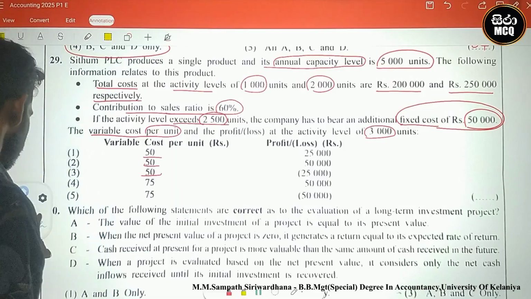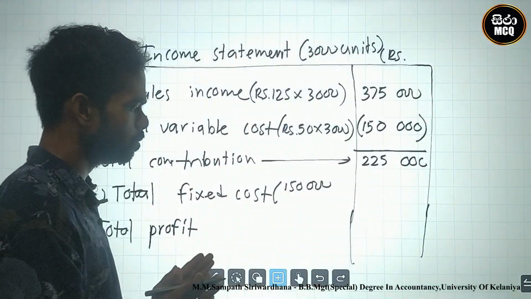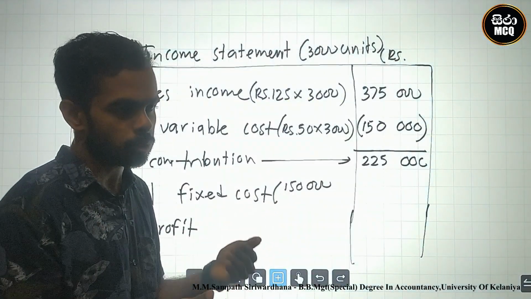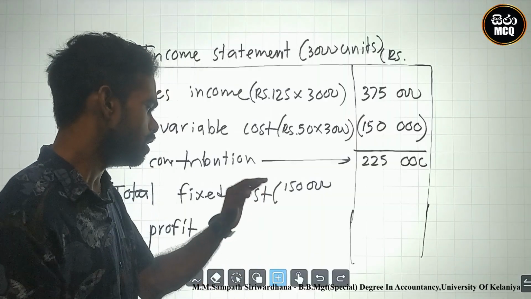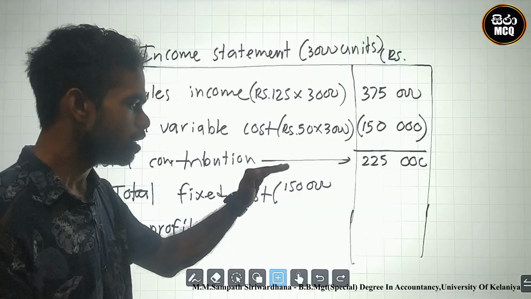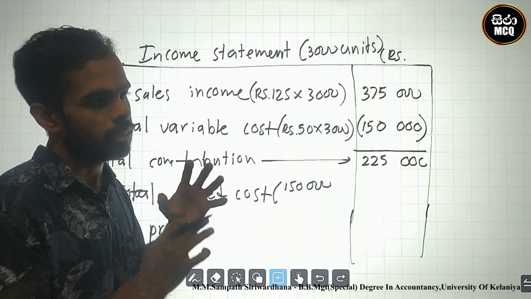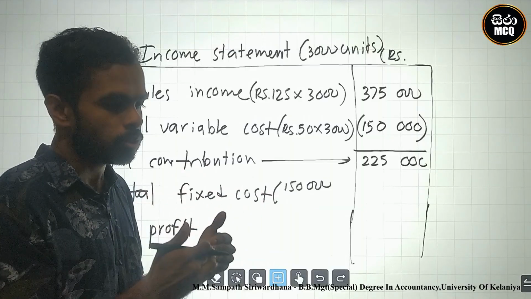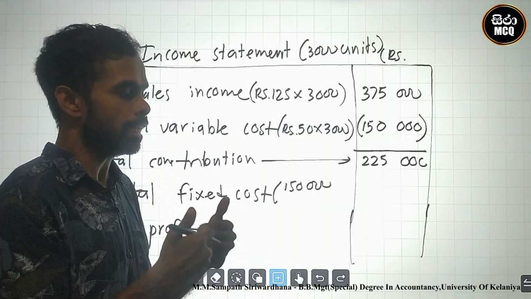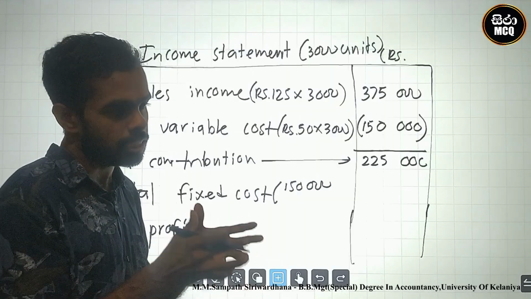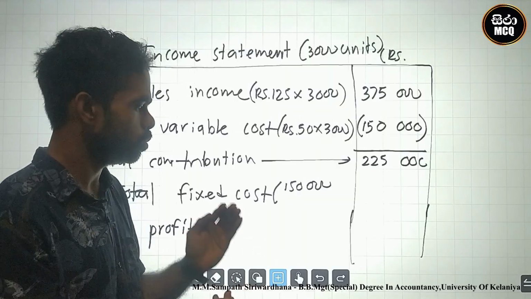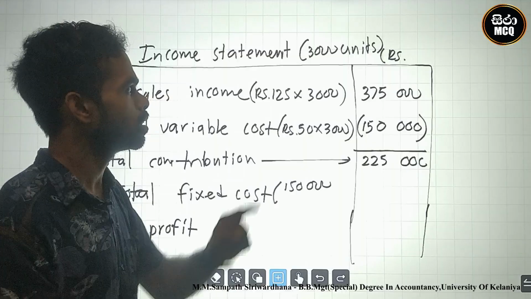Current means before 2,500 units, we incurred total fixed cost of 150,000. When the activity level of 2,500 is exceeded, an additional fixed cost of 50,000 should be added to this fixed cost.